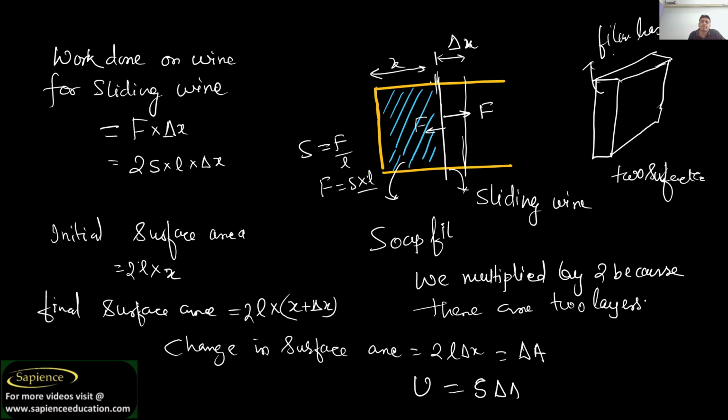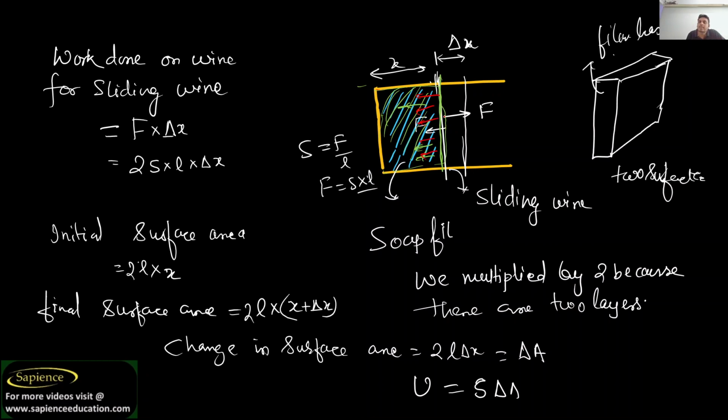Now let us consider there is a sliding wire. This is your surface, got it? We are talking about a liquid surface, the top surface, and I have made one sliding wire. So the wire has been attached to this liquid surface. Now tell me, since this liquid surface tries to apply a surface tension inside it, the liquid surface will apply a force in this direction.